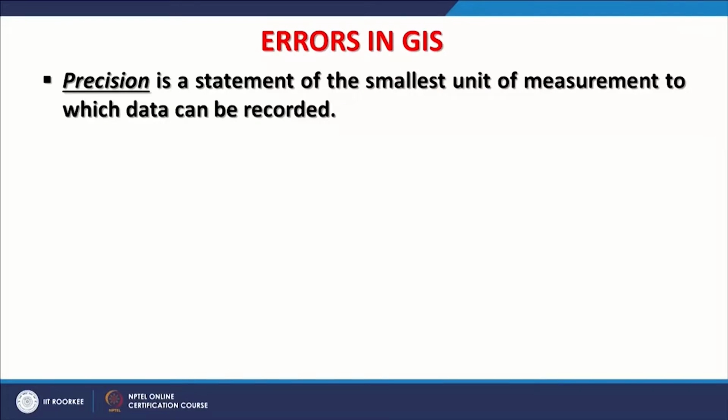Against 1 inch there are only 10 divisions, but 1 inch is 2.5 centimeters, which is 25 millimeters, so 25 divisions. Obviously the centimeter and millimeter scale on the same foot scale has more precision. So, precision is a statement of the smallest unit of measurement which can be done or recorded by an instrument.